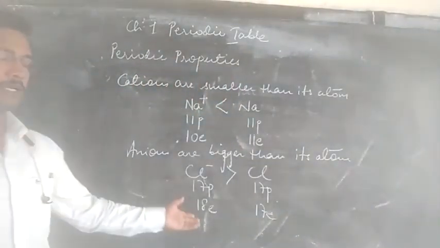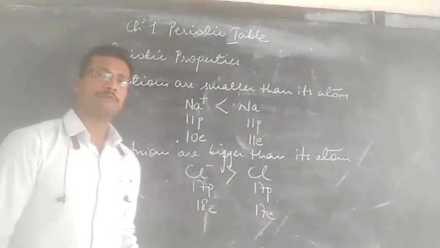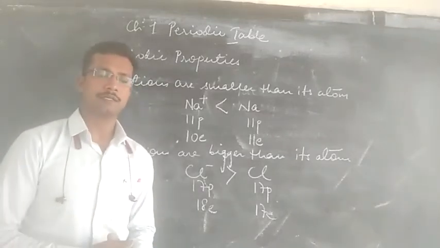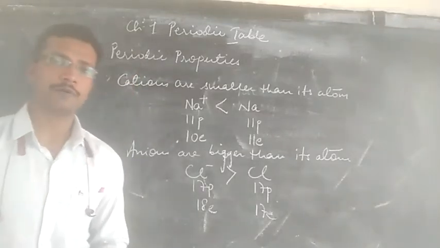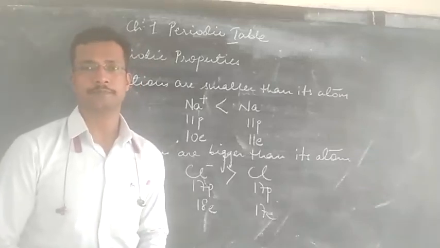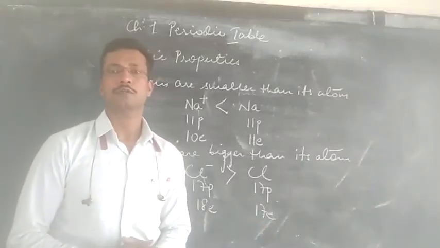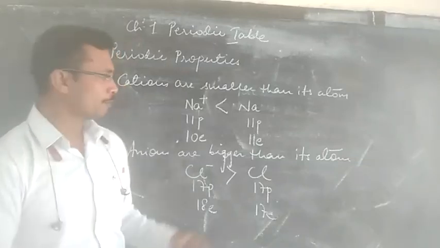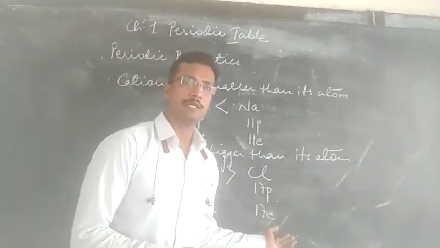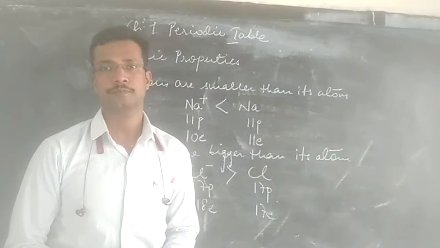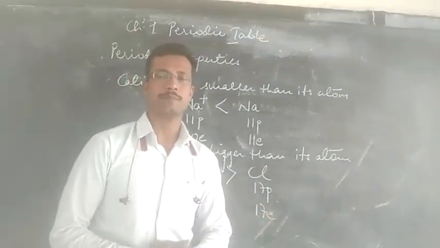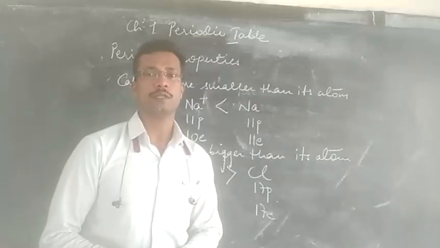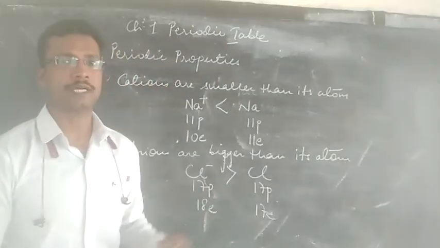Now in this case we can see that the number of electrons is more than the number of protons. As a result, the nuclear force of attraction is very weak. These electrons are not so strongly held towards the nucleus compared to the electrons in the chlorine atom. So as a result, the size of chlorine atom is less than the size of chloride ion.